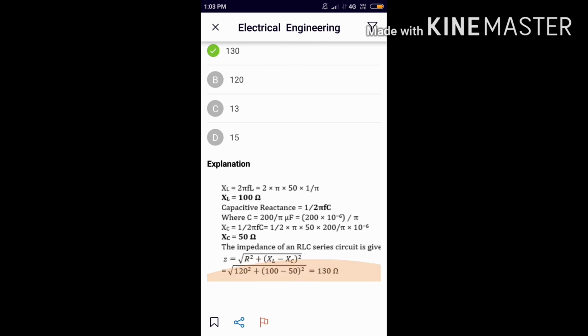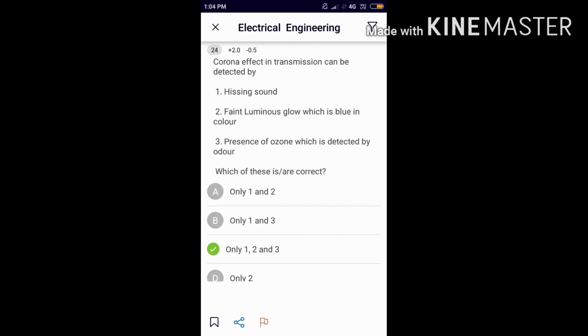We have to move on to the next question. Next question.